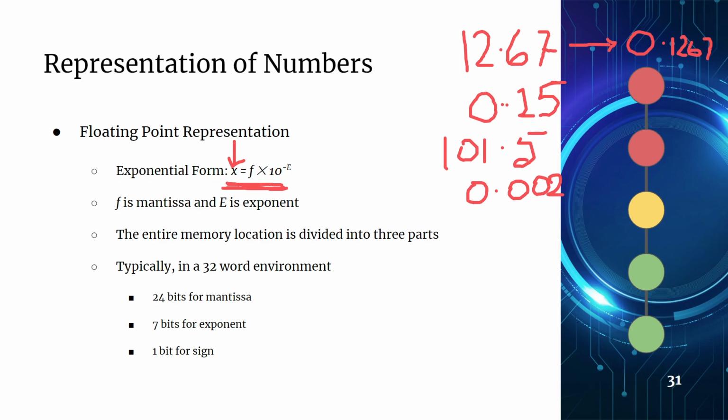Clearly this 0.1267 is achieved by dividing the whole number 12.67 by 100. So we will multiply this number 0.1267 by 10 squared.